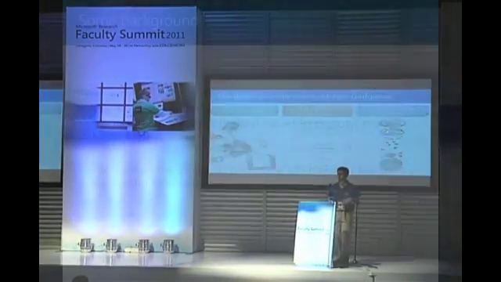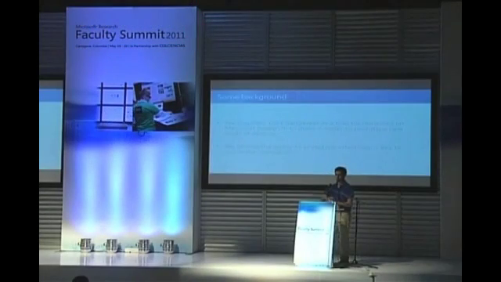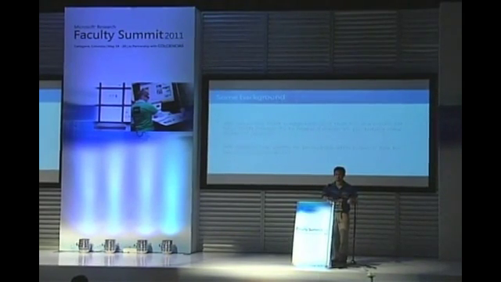Before I get into it, I just wanted to give you a little bit of history. The reason we originally built .NET Gadgeteer was as a tool for ourselves as researchers in the lab to quickly prototype and innovate and build devices. We do this a lot because we believe that prototyping is key to innovation, to prove ideas, to test out what these devices are going to be like in practice.